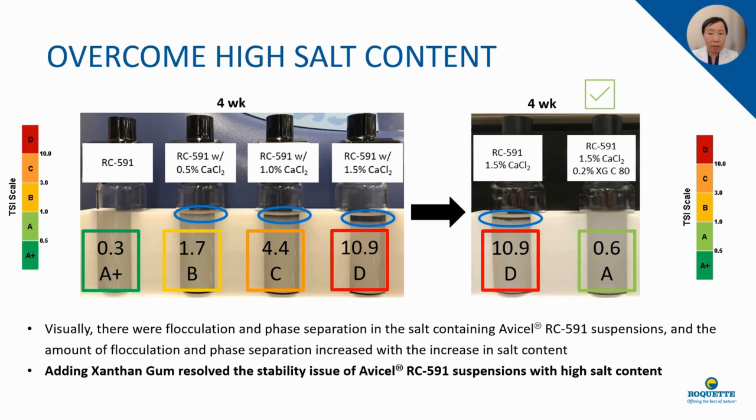However, as shown in the photo on the right, the addition of xanthan gum can effectively resolve these issues, restoring the stability and preventing both flocculation and phase separation. So this highlights the critical role of protective colloids, like xanthan gum, in maintaining suspension performance of Avicel RC591 under challenging ionic conditions.